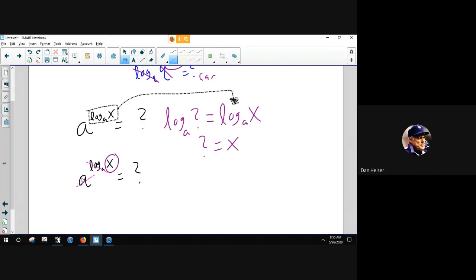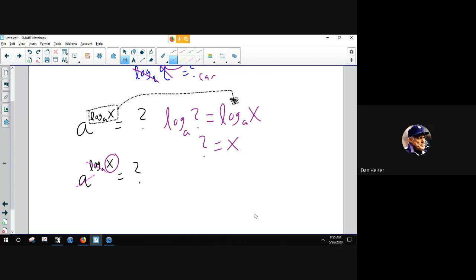Some exponential base raised to the log of that same base, they cancel each other out. This is like square rooting something squared, or cubing the cube root of something.